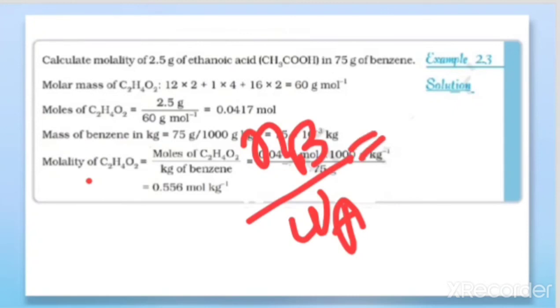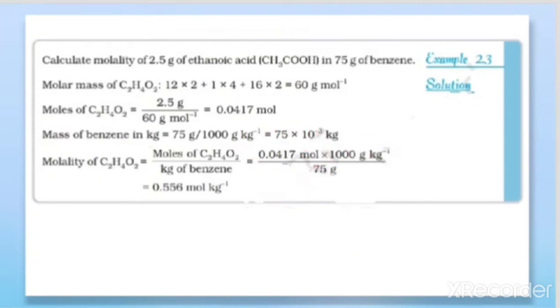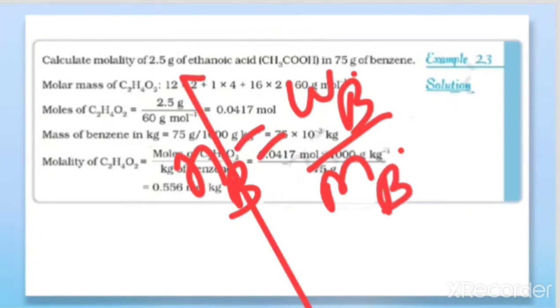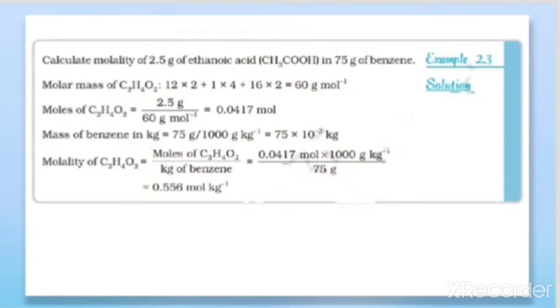But here NB we have to find out. NB is equal to WB by MB, that is given mass by molar mass. The given mass here is 2.5 gram.